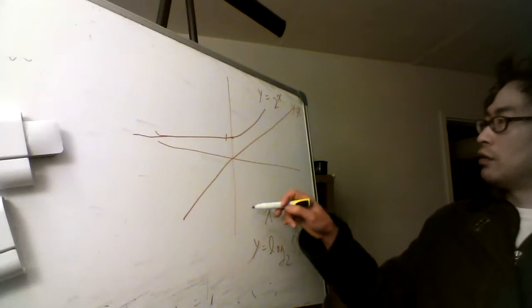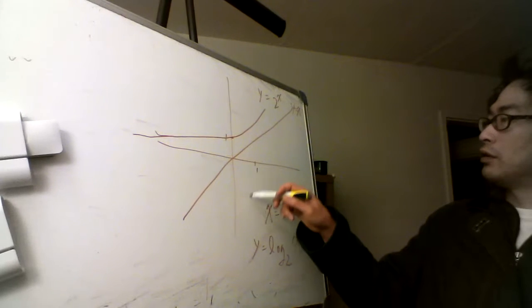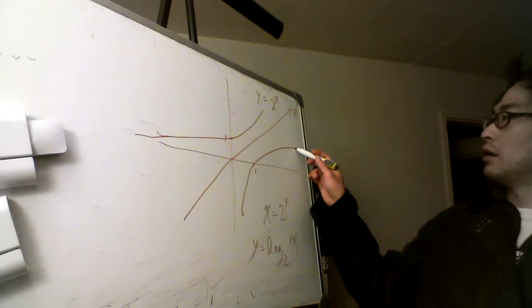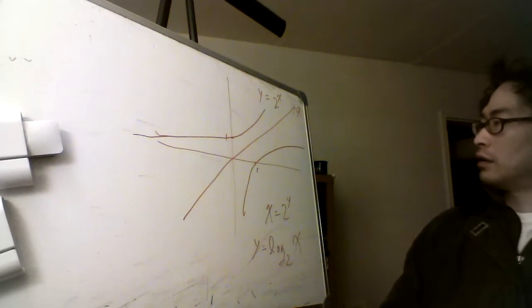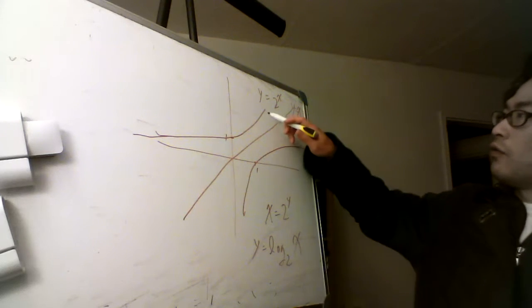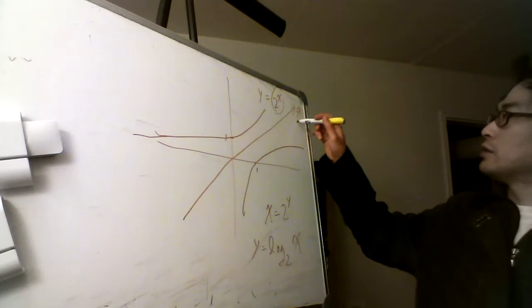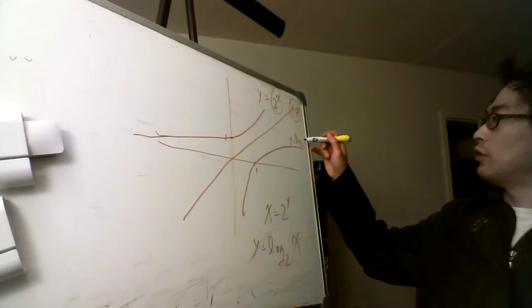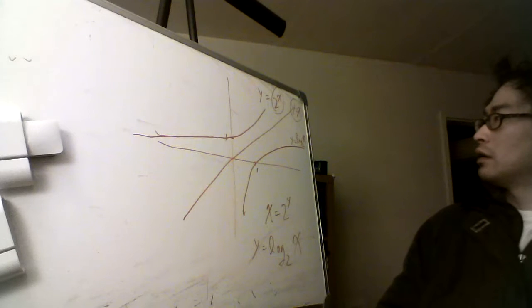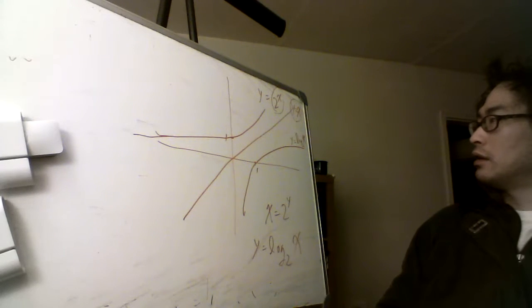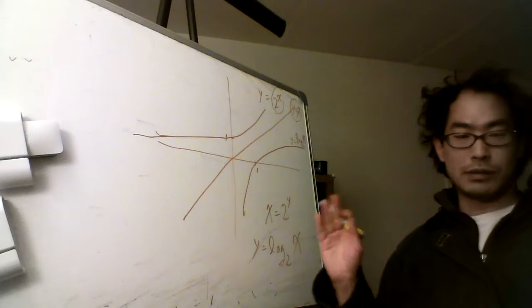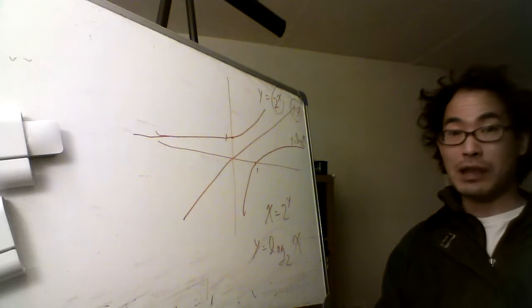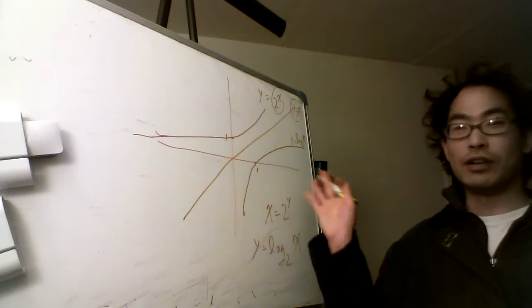So it goes like this. So you have y is equal to 2 to the x, y is equal to x, and you have y is equal to logarithm base 2 of x. And in mathematics history, they don't go beyond this.